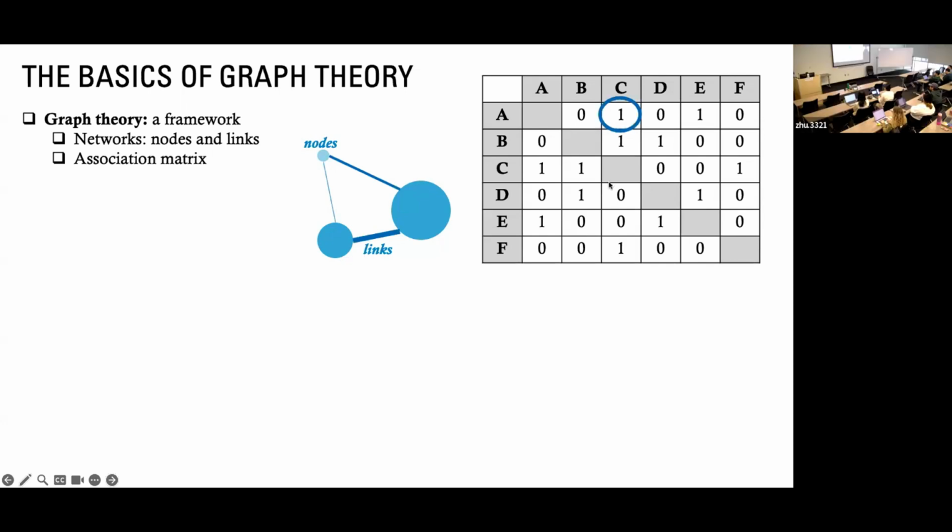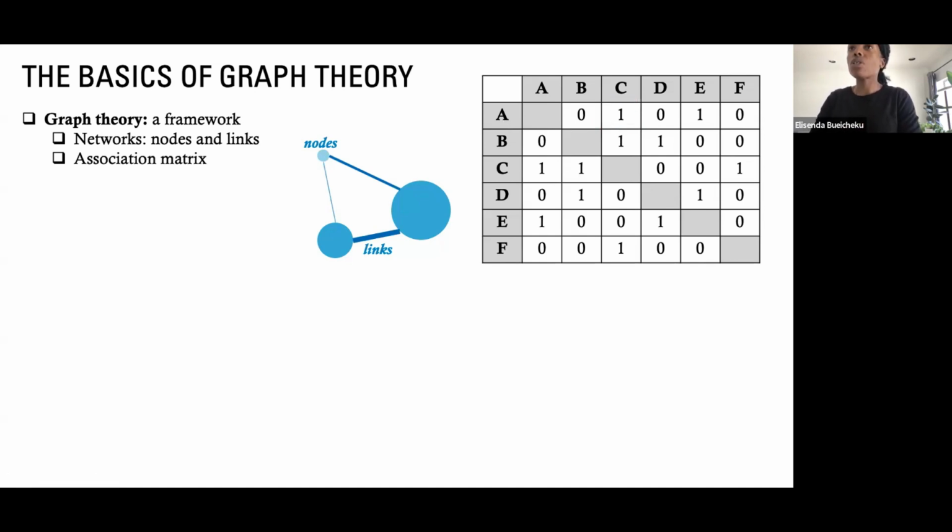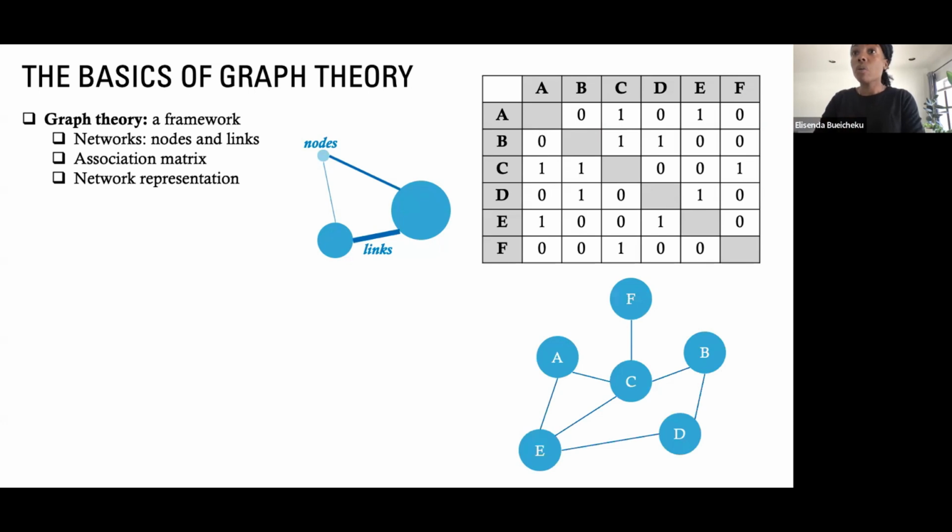Okay. And whenever there is no relationship between two regions of the brain, then we use 0. All in all, we can take this association matrix back into a network representation, and then we will draw our network with our 6 regions of the brain, and the relationships will correspond to the links.